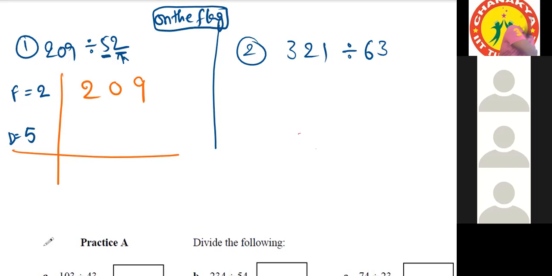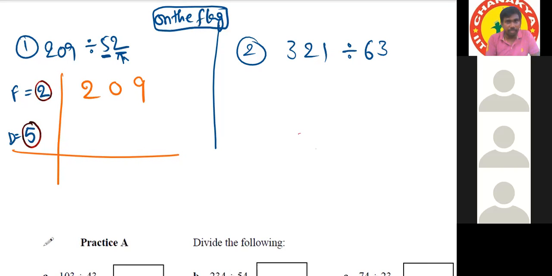Yes, sir. What is flag, sir? Sorry? What is flag? Yeah, what is that flag and all those things we'll see now. So the divisor is 5 and 2 is on the flag. Remember that point. And we are going to deal this complete division by 5 only.